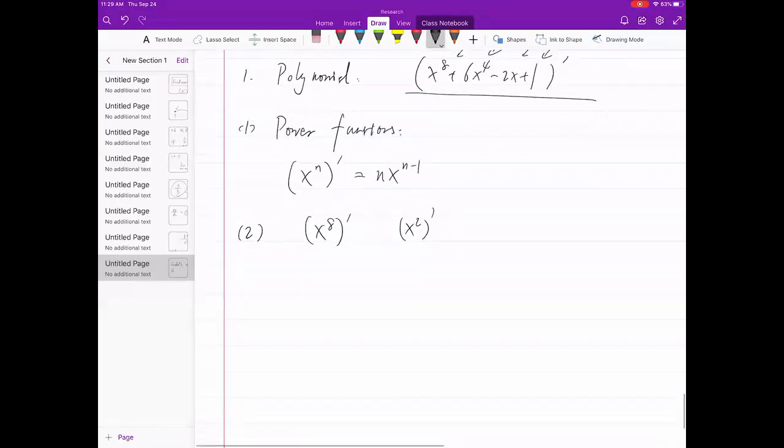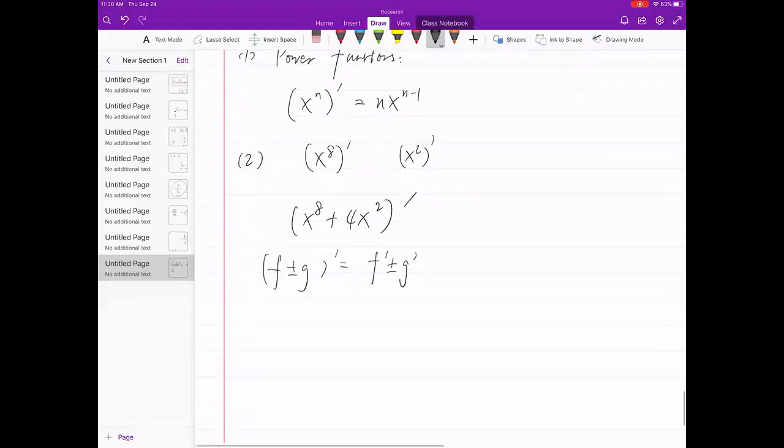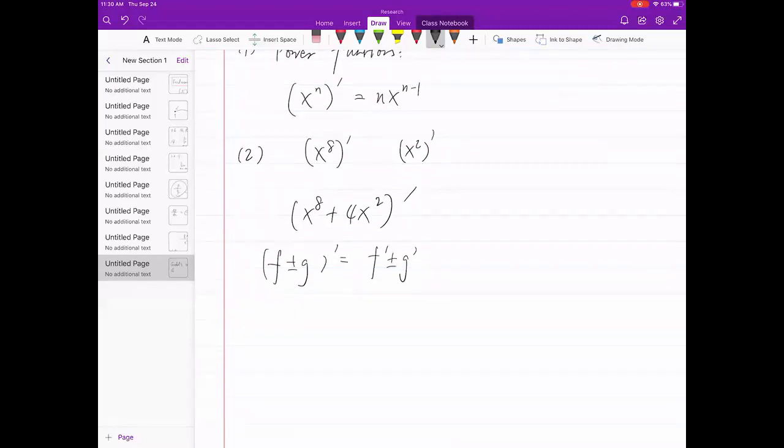But how do you take the derivative of x to the 8 plus 4x squared? That's the case where we need two rules. The first one is how do you combine the sum? The second rule is how do you apply the rule after timesing by a number?